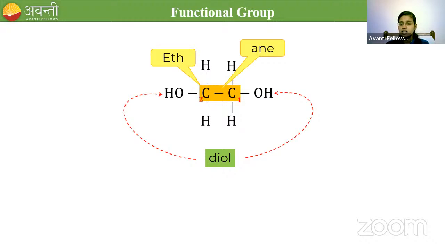We have 2 alcohols. It is ethane 1,2 diol. Ethane 1,2 diol is the name of this compound.